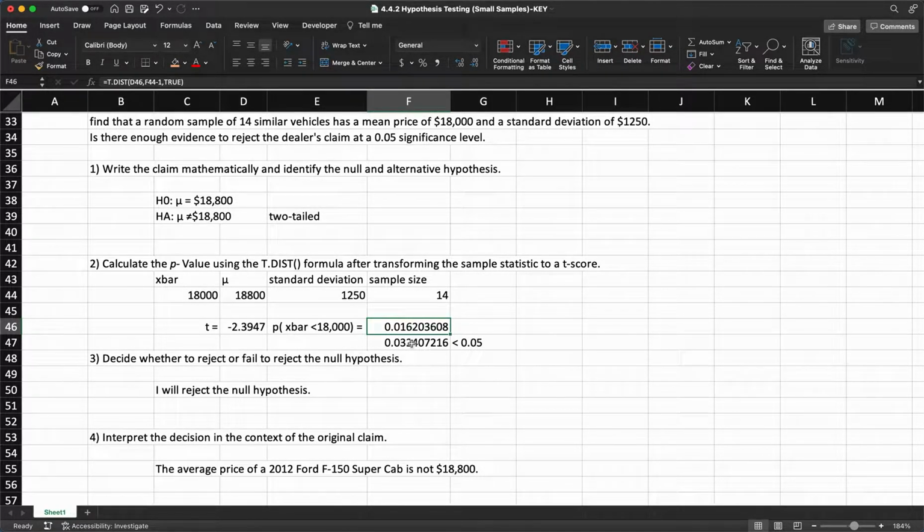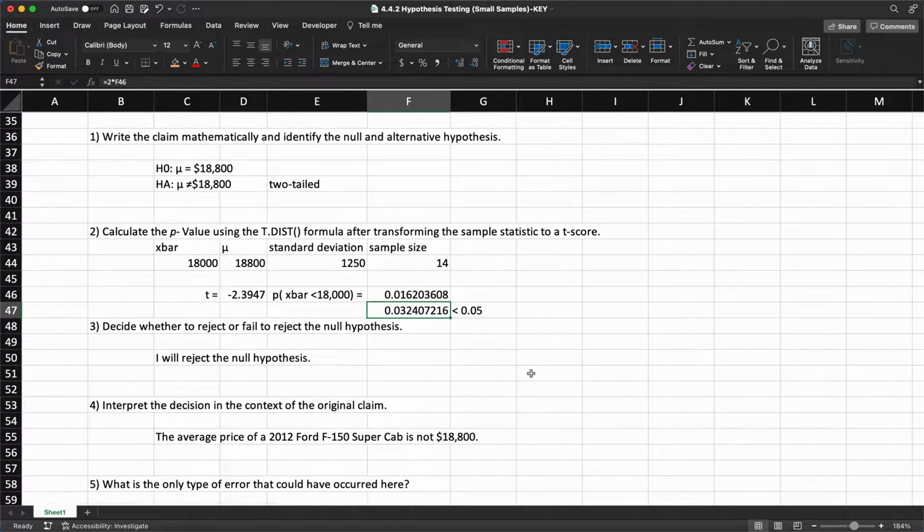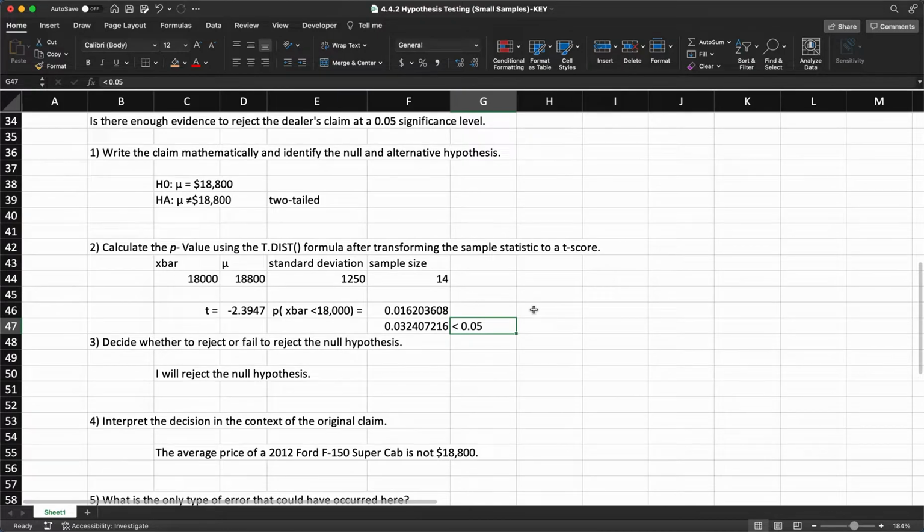In this case, since it was a two-tailed test, we had to multiply by 2 to get the true probability, which was still less than our level of significance.